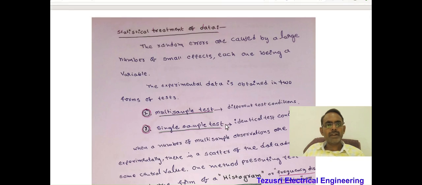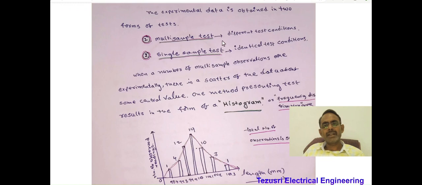Next, the important topic, statistical treatment of data. The random errors are caused by a large number of small effects, each one being a variable. The experimental data is obtained in two forms of tests. Number one, multi-sample test. In this, the readings are taken at different test conditions.